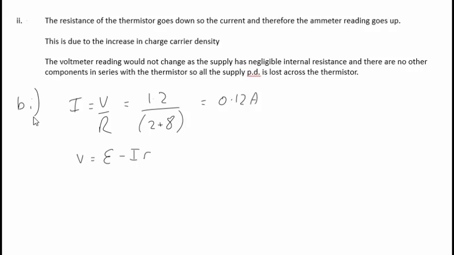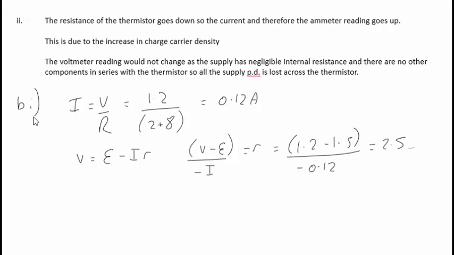So we can rearrange to get V minus epsilon over minus I is equal to the internal resistance. Then we can put in the figures. 1.2 volts terminal potential difference minus 1.5 volts EMF over the current we've just found of minus 0.12 amps gives a resistance of 2.5 ohms.